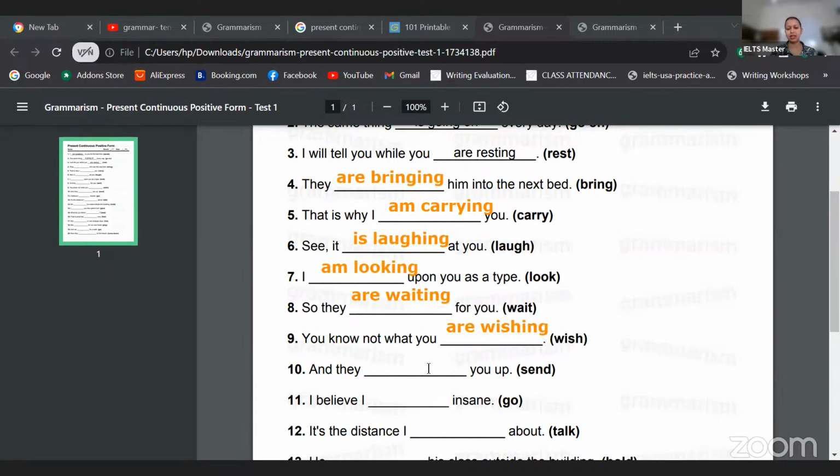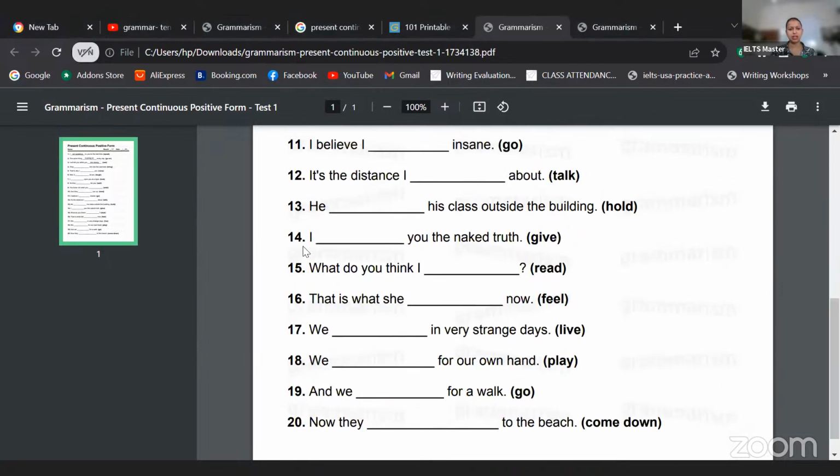And they are sending. Then I believe I am going insane. Then it's the distance I am talking. So this is till 12. If I do more till 20, I can see here 13 to 20.